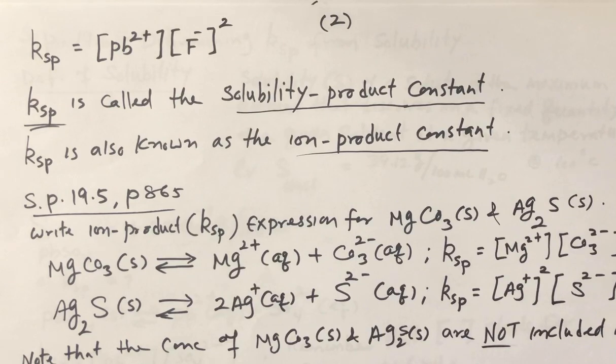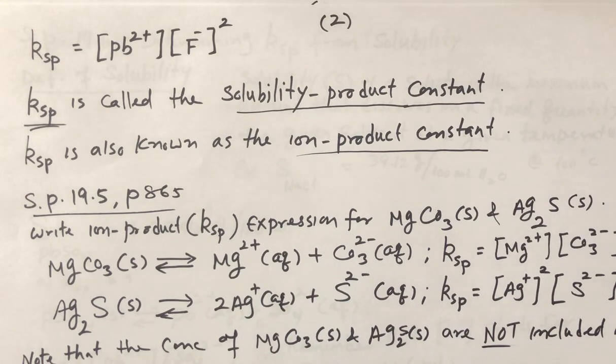Now, the KSP is called the solubility product constant. SP stands for solubility product, and the K is, of course, the equilibrium constant. Since it's usually written in terms of the ions and we do not include the concentration of the pure solid, what we see appearing in the KSP is just a product of ions.